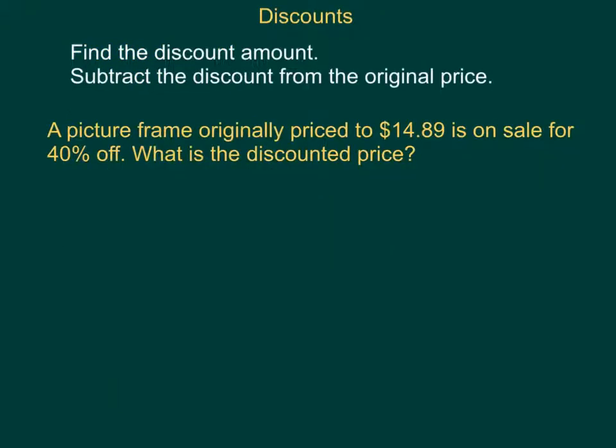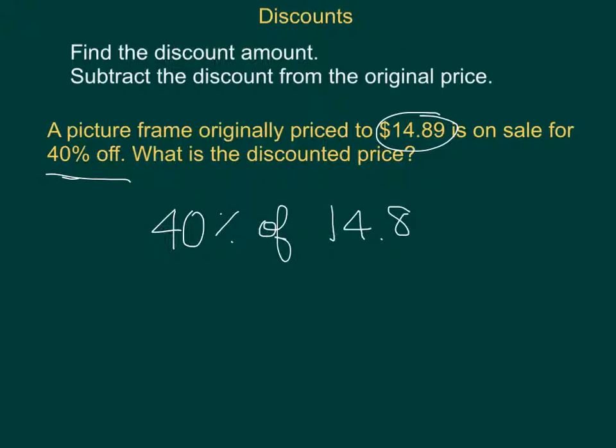Another form of percent of change that we see is discount. So you first have to determine the discount amount, the price of the discount, and you want to subtract that from the original price. So in this example, a picture frame originally priced $14.89 is on sale for 40% off. So we need to find 40% of the $14.89 because we have to figure out how much it is off.